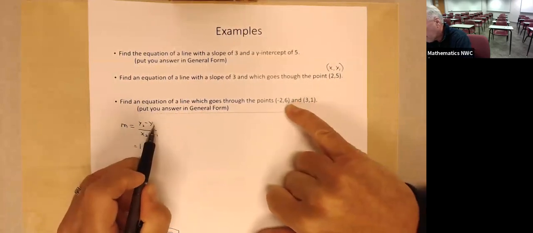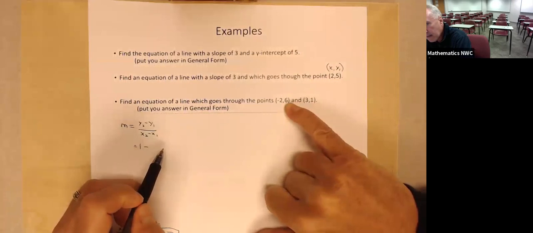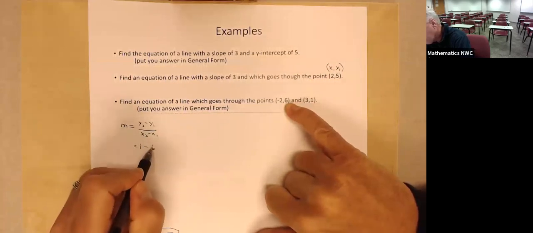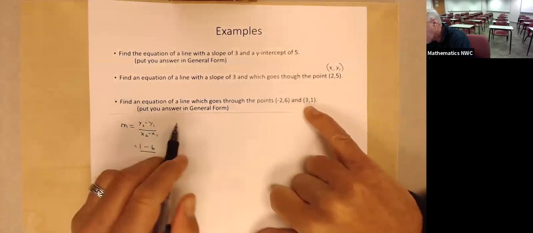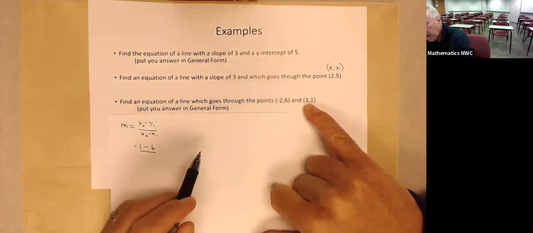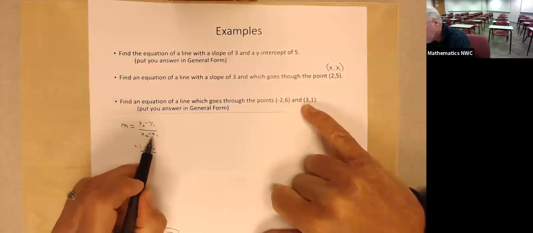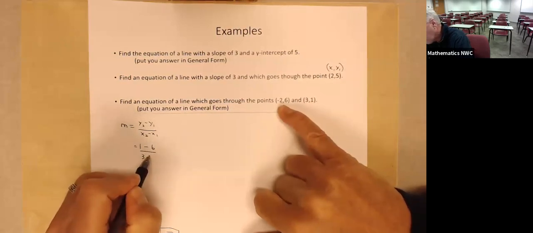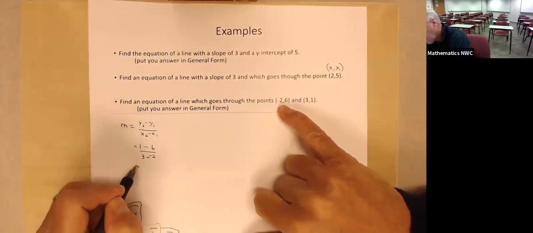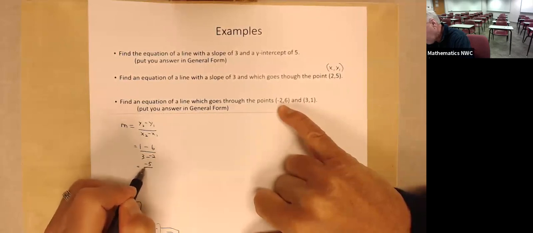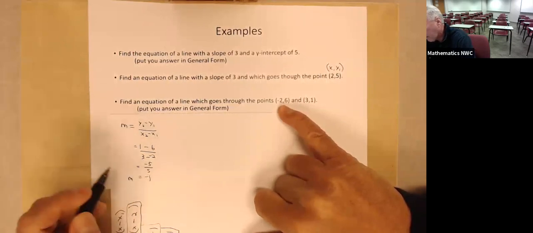Minus y sub 1 is the first y, that being the 6. The second x takes me back to this point. The second x is the 3. The first x is the negative 2. So I end up with a negative 5 over 3 plus 2, or 5. My slope turns out to be a negative 1.